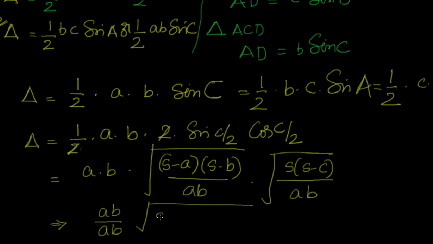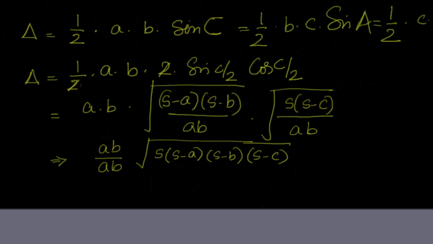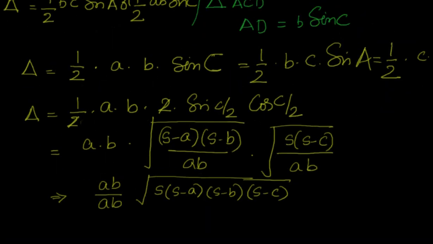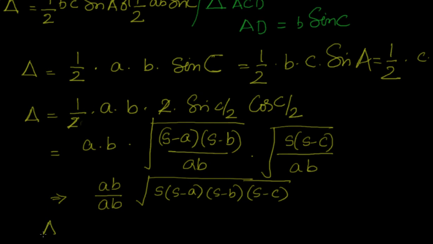Not only that, we can do one more thing. Let's just go ahead a little bit and do that. What else we can do is, we know that area equal to half into, let us say, ab into sine of c.